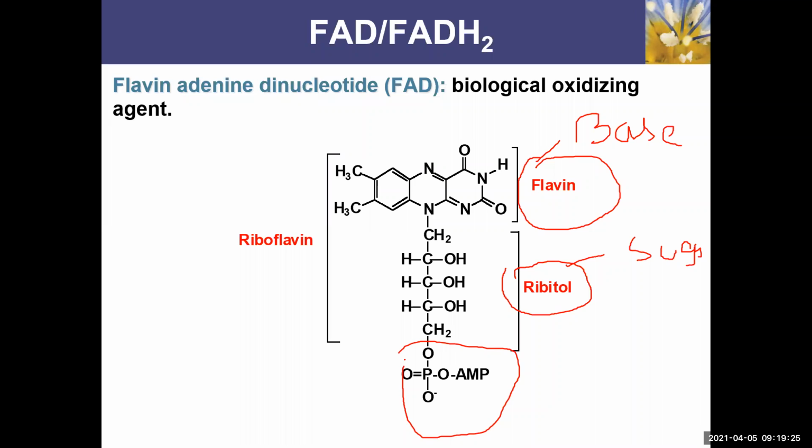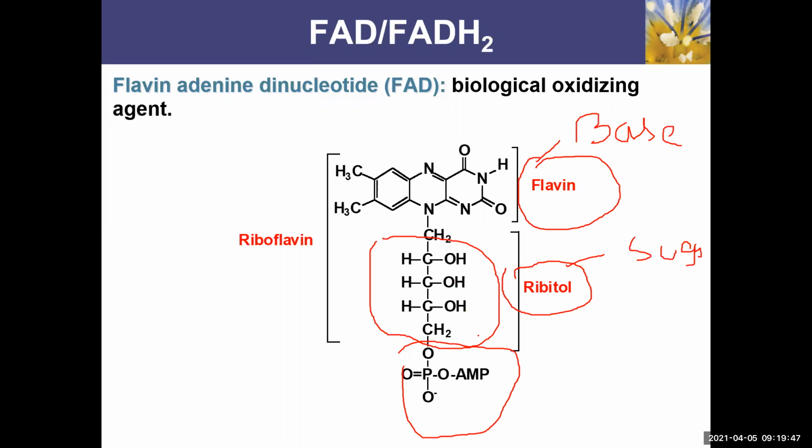The point to remember here is that we don't have a cyclic sugar, a ribose or deoxyribose, the way we spoke about in ATP or NAD. Here the sugar is different, which is an alditol, the ribitol. So there's no cyclic sugar here. Remember this part.